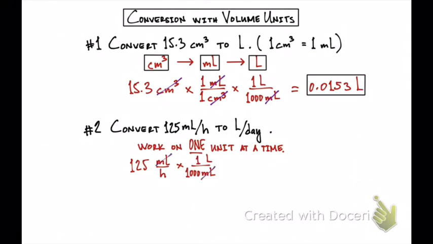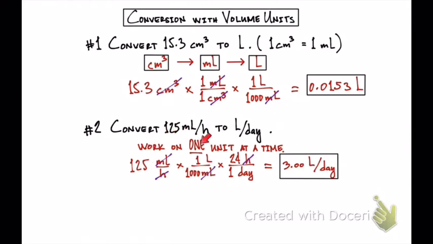So the milliliters will cancel out. So that takes care of liters. And then now use the conversion 24 hours per 1 day. And hours will cancel out. And we get 3.00 liters per day. So 125 times 1 times 24 divided by 1,000. And we get 3.00 liters per day. 3 significant figures. We end up with 3 significant figures as well.